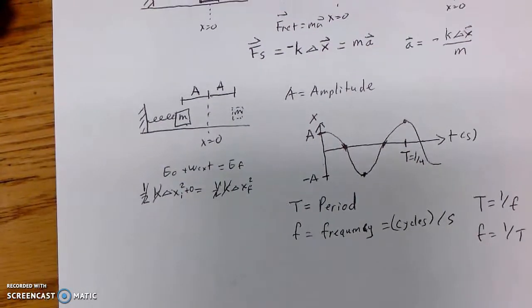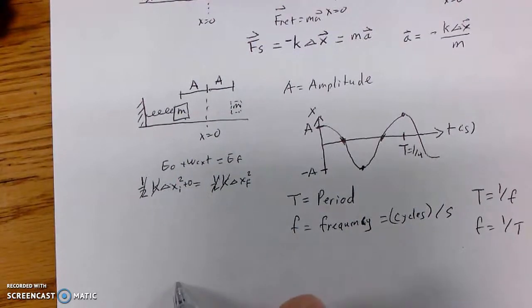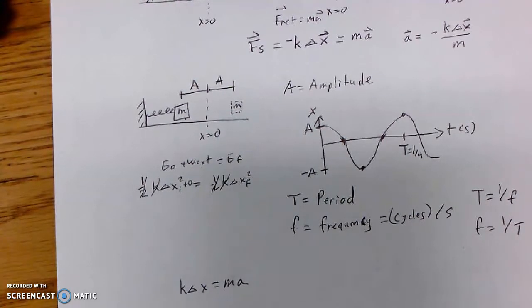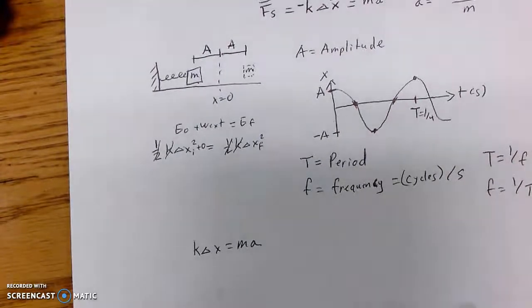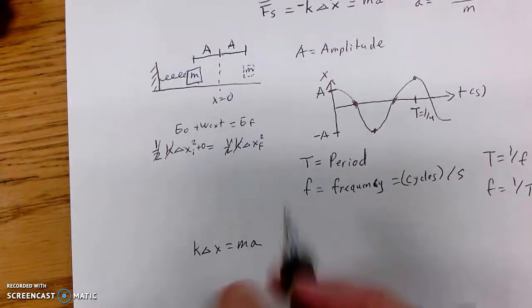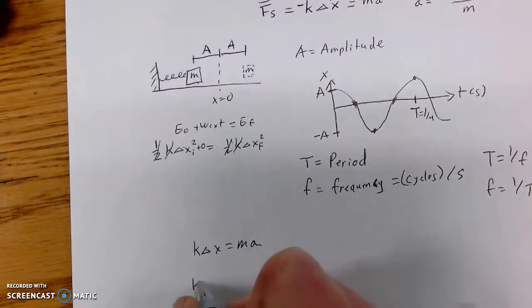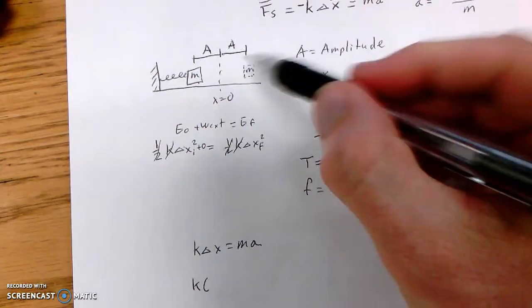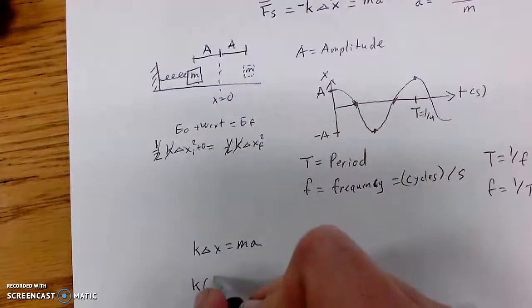And about the only other thing the book does in this section is to just do some calculations of k delta x equals ma. I'm just going to use a magnitude equation for this one, but they're saying what if you know the amplitude is A, and you're at half of that? Well, then if you're in here somewhere, the mass is at half the amplitude, for instance.